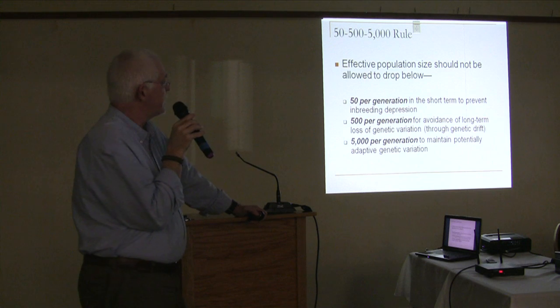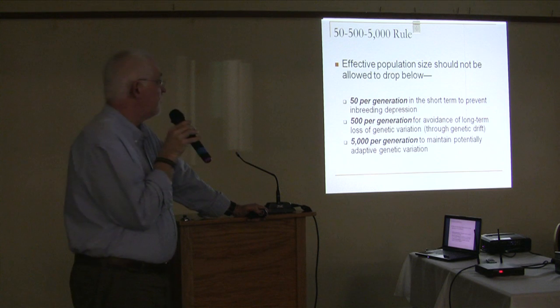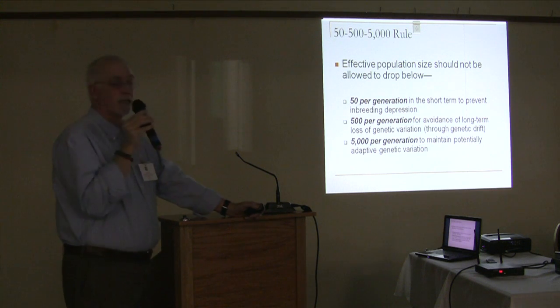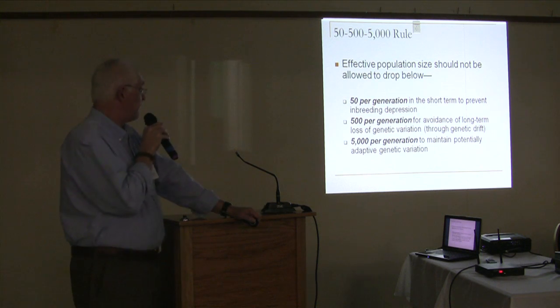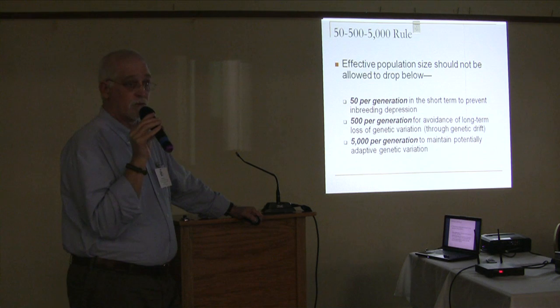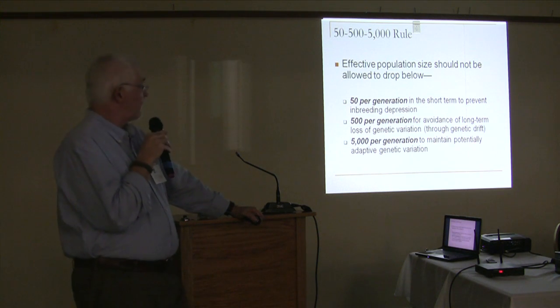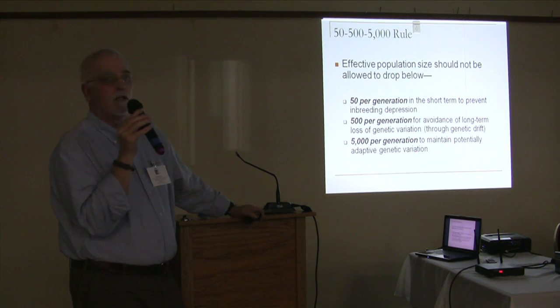And it simply says that the effective size should not be allowed to drop below 50 per generation to prevent the immediate effects of inbreeding, 500 per generation for avoidance of long-term loss of variation due to drift, or 5,000 per generation to maintain adaptive variation.